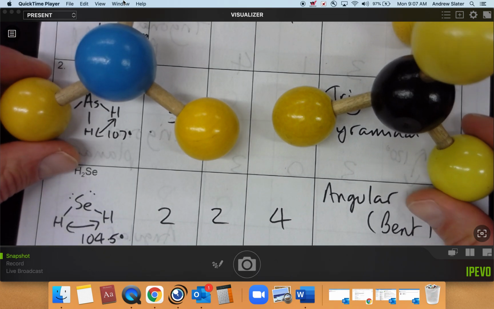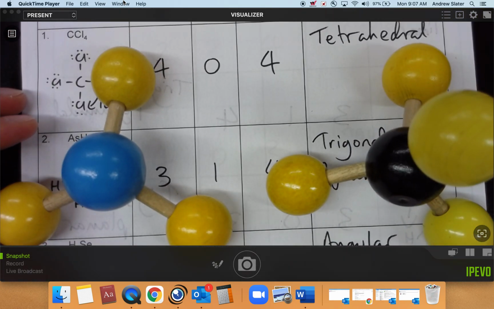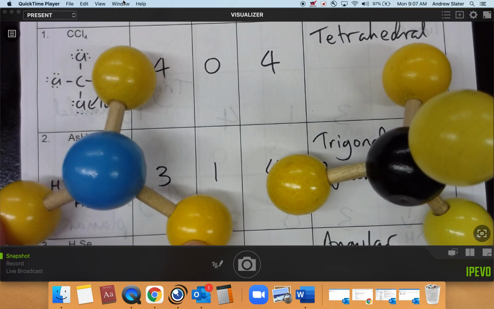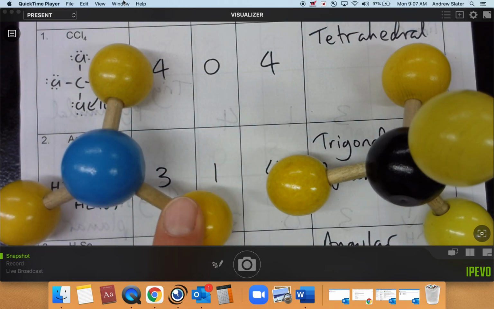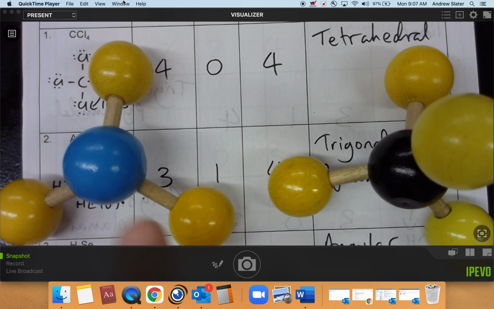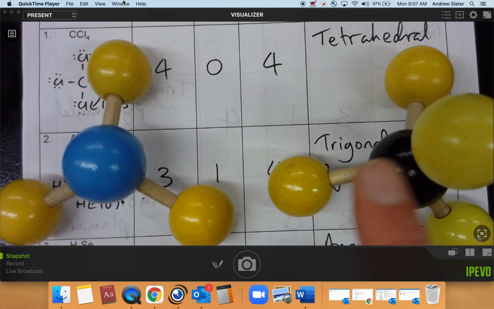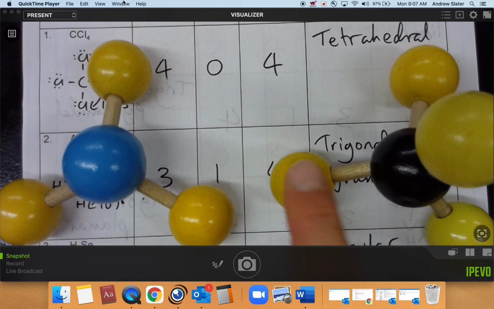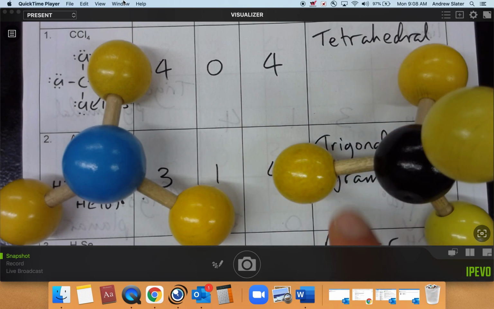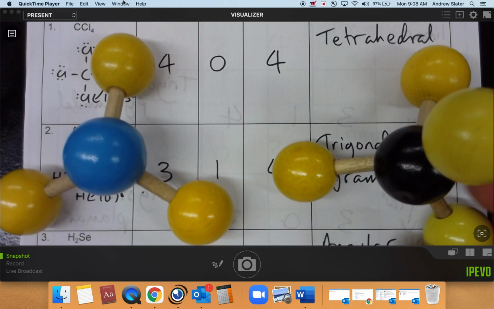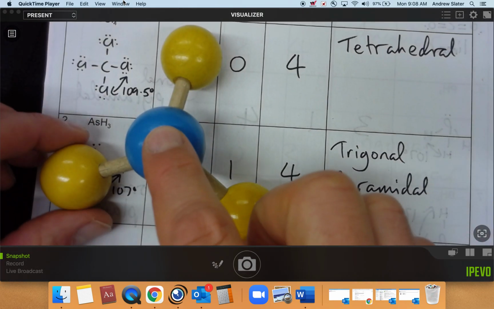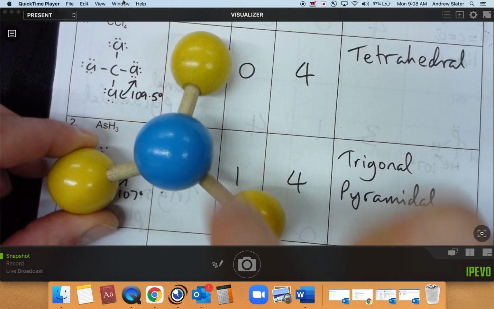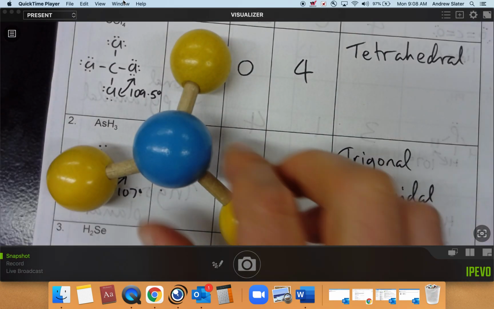So we've got a slightly smaller angle, because the repulsion between the lone pair and the bonded pair is more than between bonded pairs. So these angles are able to spread out a little bit more. This one's being pushed unevenly by the lone pair and bonded pair repulsion that exists all the way around here. So it's not quite a tetrahedral.